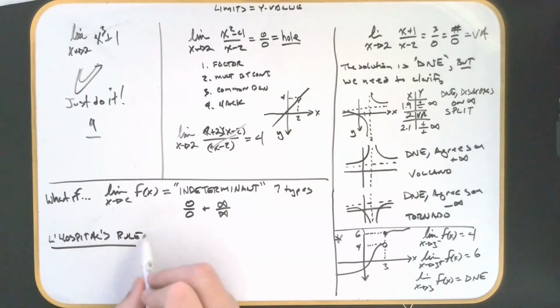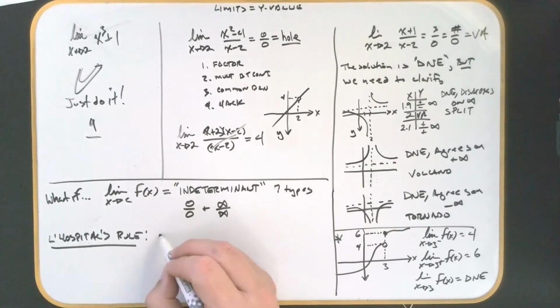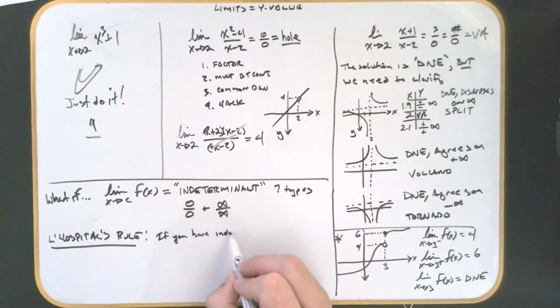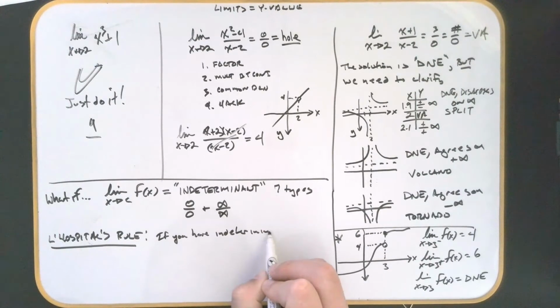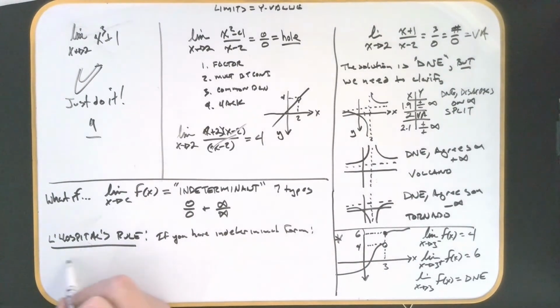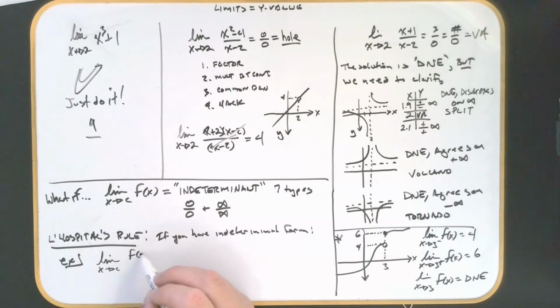And what L'Hopital discovered was that if you have indeterminate form, in the form that we're using, for example, if you have the limit as x approaches c, and my numerator is a function, and my denominator is a function, and I get indeterminate form, I'm going to put indeterminate.